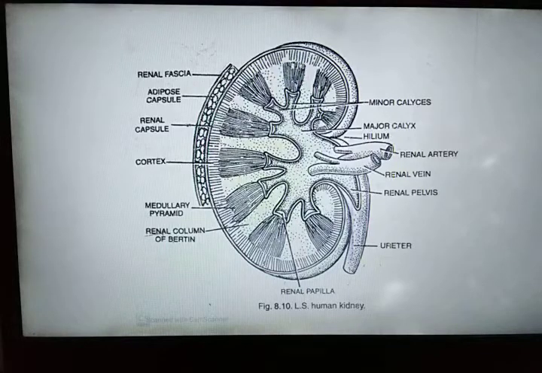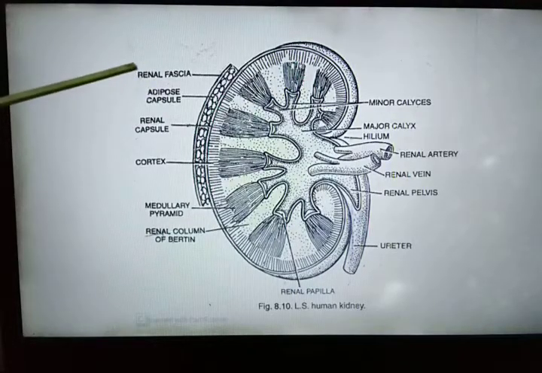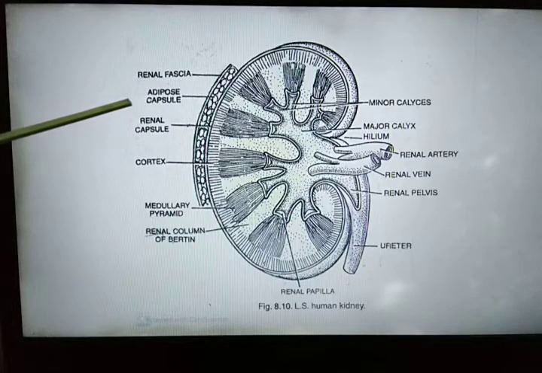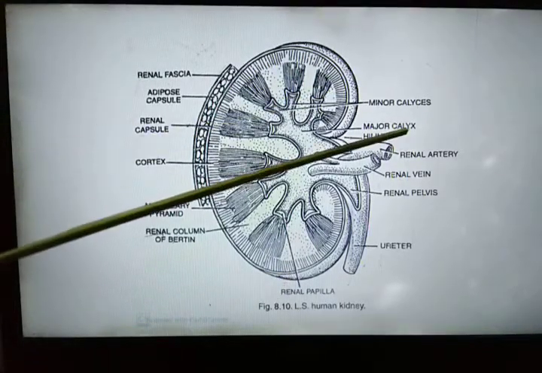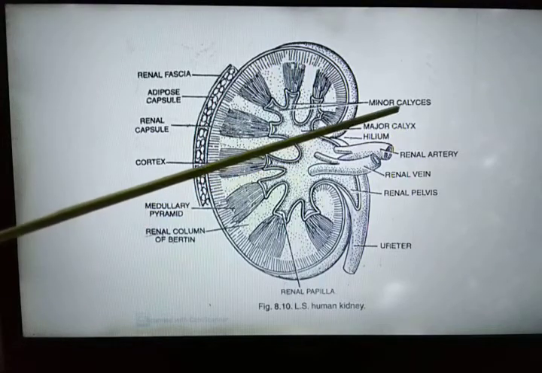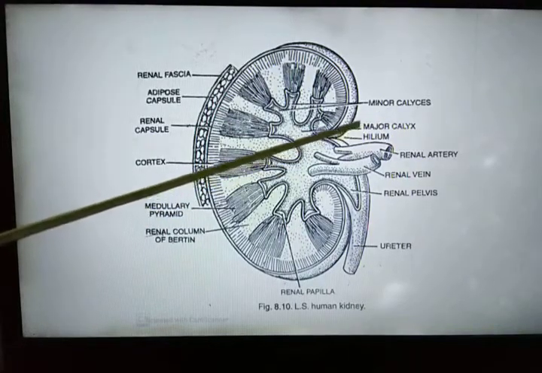What extra we have done here is that the kidney has two more layers outside the renal capsule, the adipose layer and the renal fascia, which protect the kidney. Then the calyx is divided into two parts, the minor calyx and major calyx.